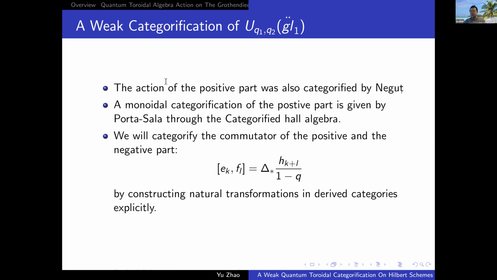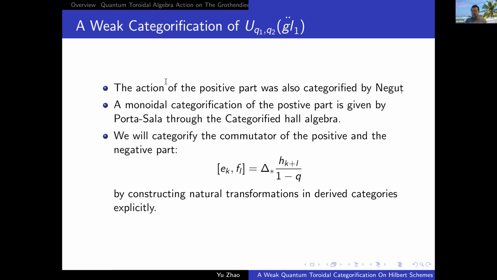There is also another monoidal categorification of the positive part, given by Porta and Sala through what they call the two-dimensional categorified Hall algebra, and they do this through derived algebraic geometry.